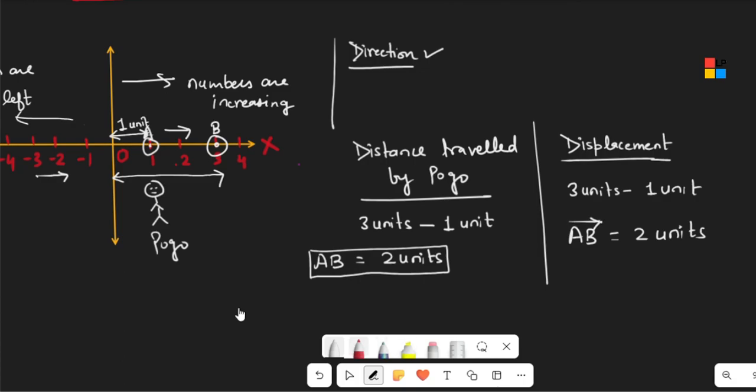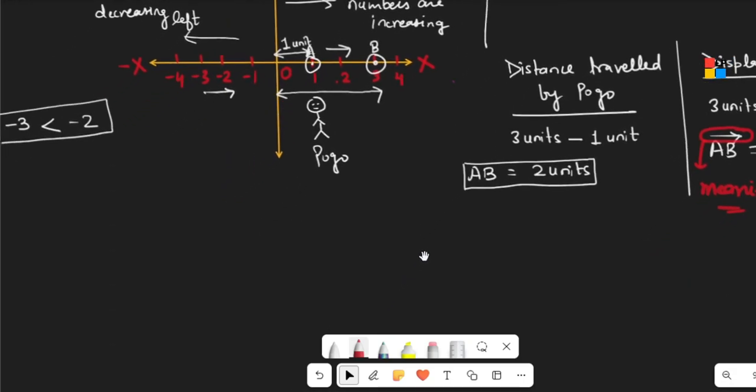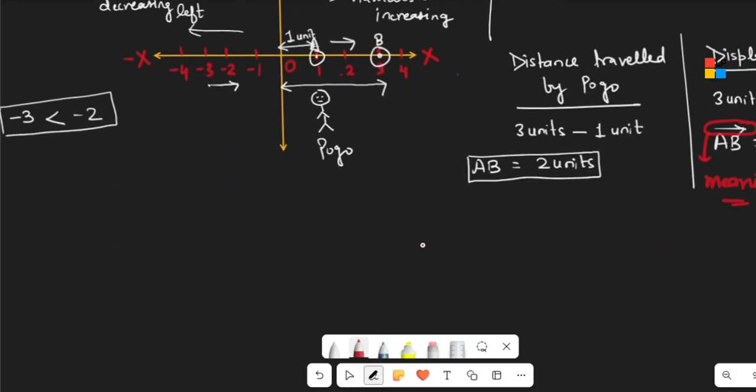Now the confusion here with some students is why we put this arrow sign. क्या meaning है इसका? So the meaning is very much clear. That means you are moving.